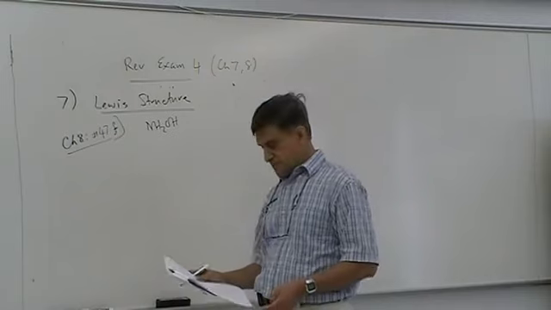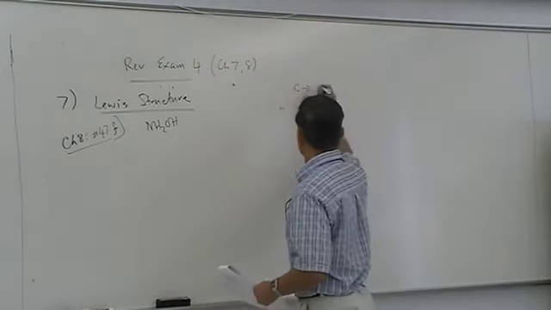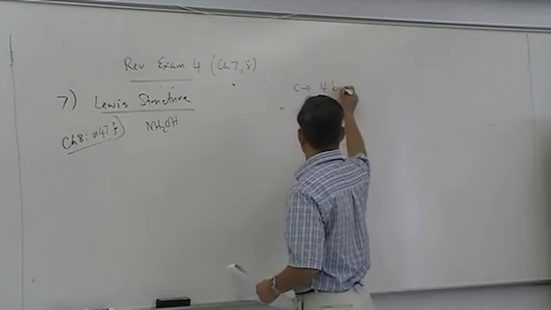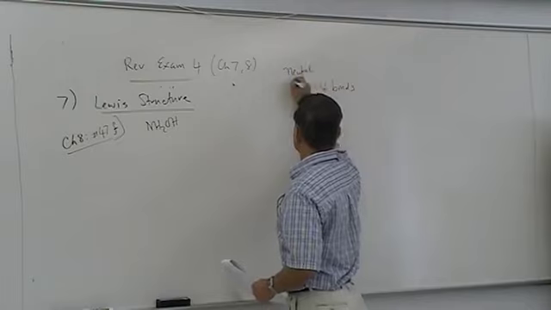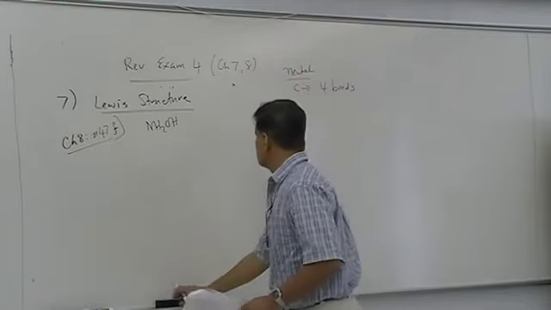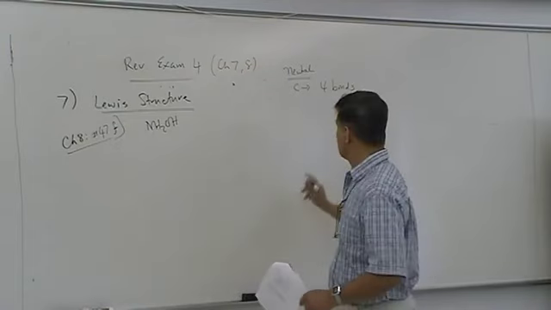Something you need to remember when you write down organic compounds: carbon would have 4 bonds. This would save your time. Neutral carbon would have 4 bonds.